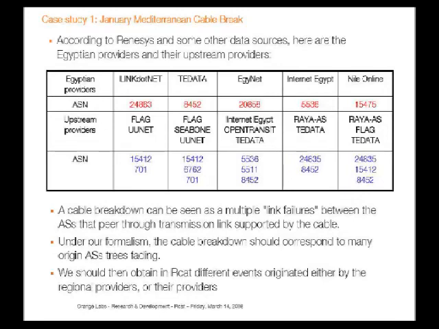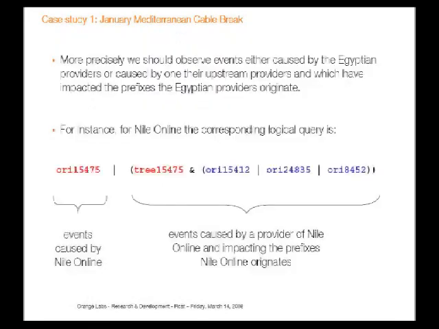And under the Rcat formalism, focusing on Egypt, we should see many origin AS trees rooted in Egypt fading. So more precisely, the events we're going to search for are events either caused by the Egyptian providers themselves or caused by the upstream providers but which have impacted the prefixes originated by the Egyptian providers.